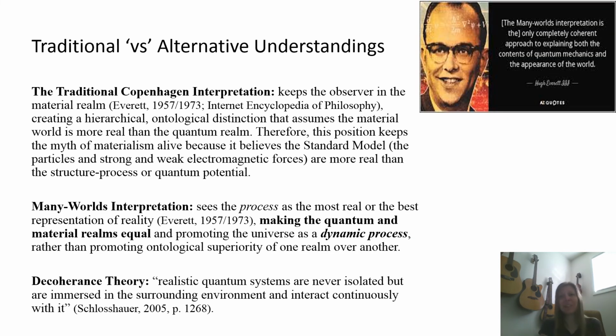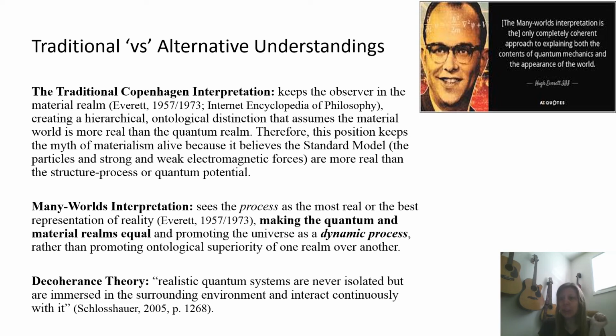In quantum physics, there is also a divide between traditional dominant understandings and marginalized ones. For example, the traditional Copenhagen interpretation of quantum physics keeps the observer solely in the material realm, creating a hierarchical ontology or distinction, making the material world more real than the quantum realm.